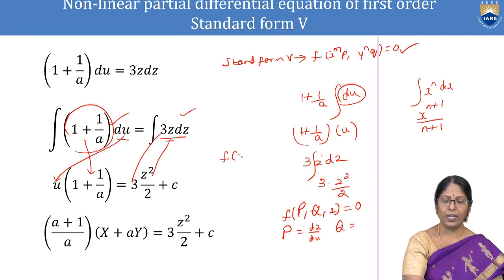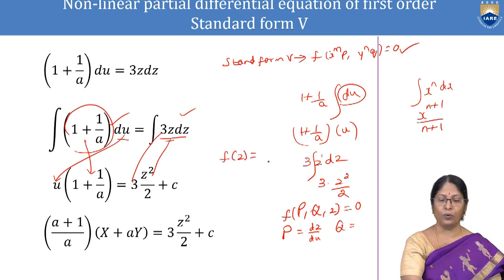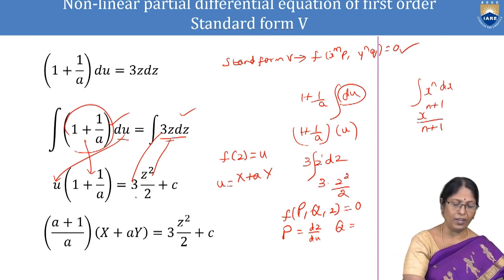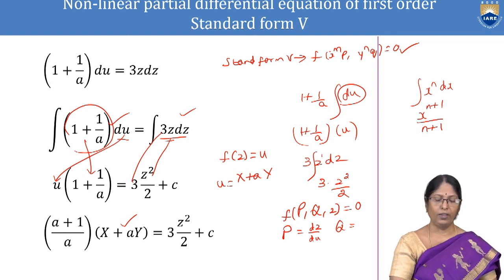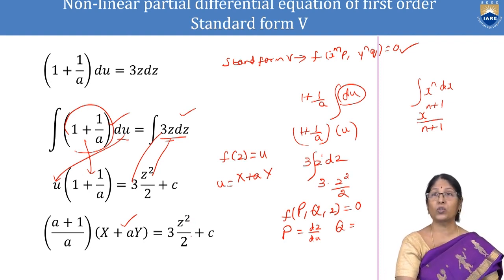Initially we assumed f of z equal to u, where u equal to x plus a y. So finally the u is replaced by x plus a y equal to 3z square by 2 plus c.